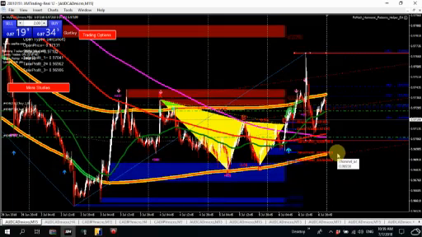Because I know that the price is gonna break this Gatly band, break this top, even break this highest high here, and there my trend continues, because this big channel will rise above and trend. So this is the difference between a long-term trend following trader and an intraday short-term trader. You understand?